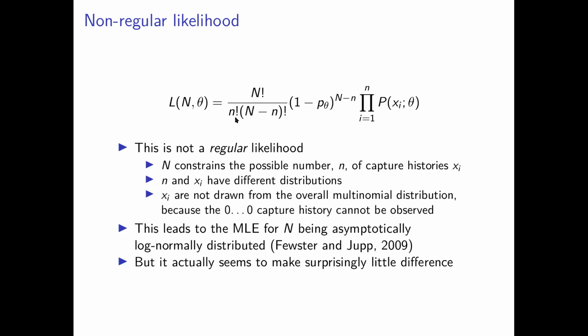But because of this non-regularity, Rachel Fewster and another academic, Jupp, have shown that this distribution for n is actually log normal. What that means is that the confidence intervals will be skewed to the right. So the lower bound will be closer to the estimate and the upper bound will be further away. But it actually doesn't seem to make much difference, apparently, from simulation studies.